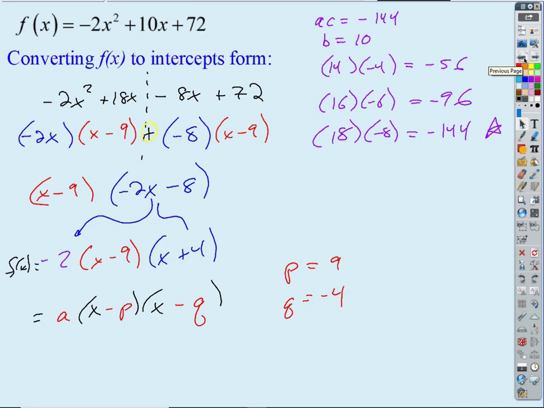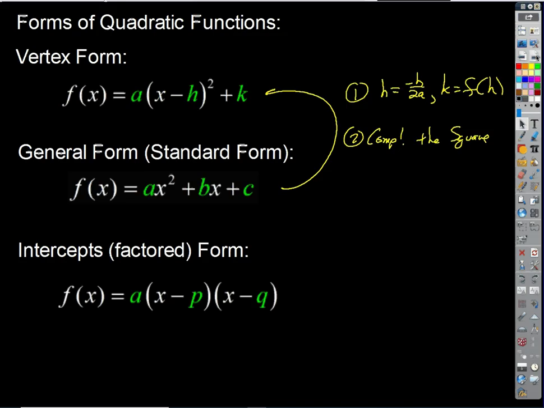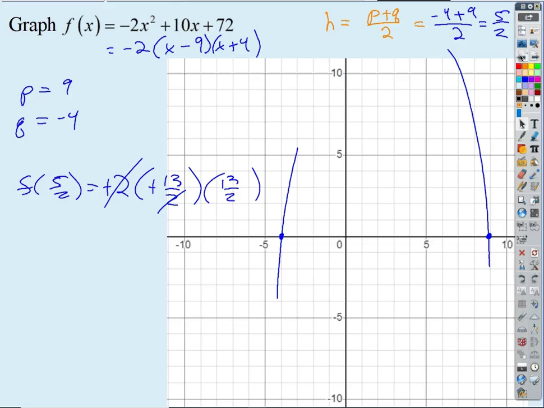That's the same thing as factored form, isn't it? Intercepts form. Okay. So to go from standard form to factored form or intercepts form, we just factor. Okay? And if we want to graph a function that's in standard form, take your pick.